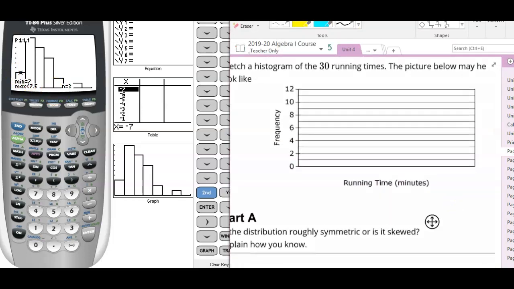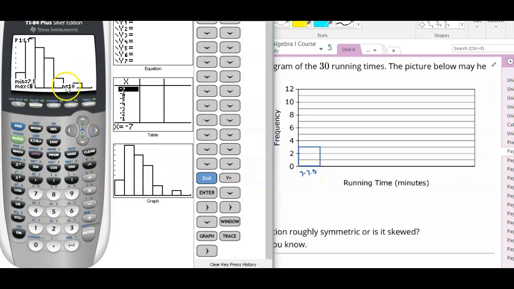I want my first box to be, it goes up to 3 on the frequency. I'm just going to drag it right down here. And this is from 7 to 7.5. My next box, as I move over, that one has a frequency of 10, and it's from 7.5 to 8.